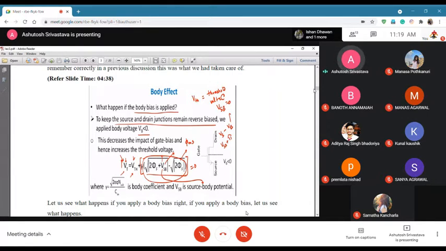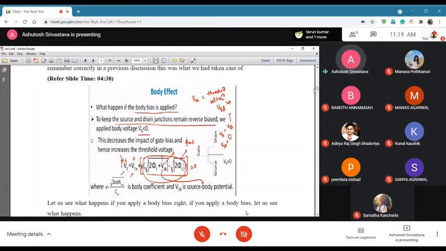The phenomenon lies in keeping the source and drain junctions in reverse bias. We need to apply the body voltage in the negative domain. This decreases the impact of gate bias and hence increases the overall threshold voltage, which is given by this.